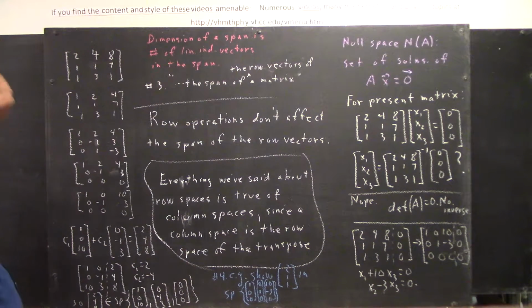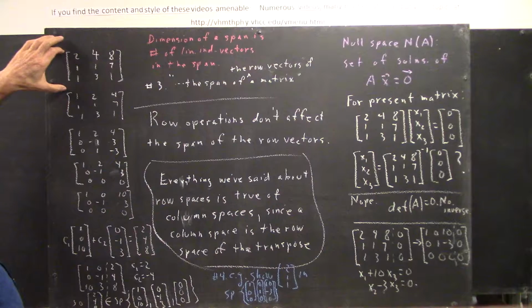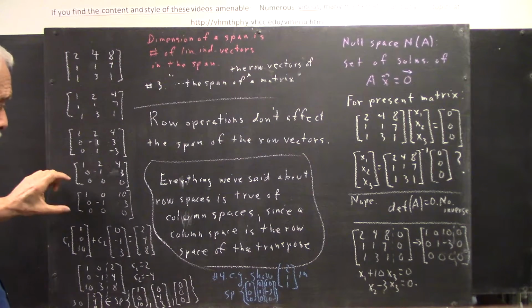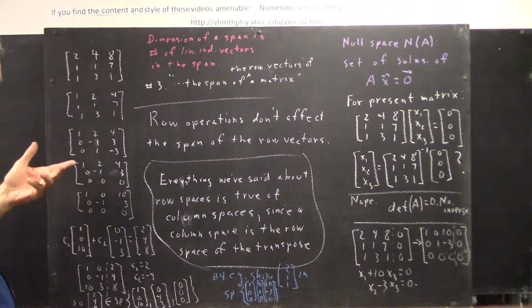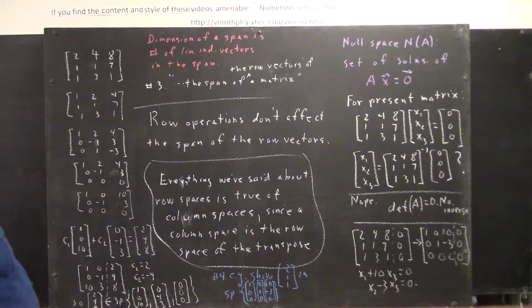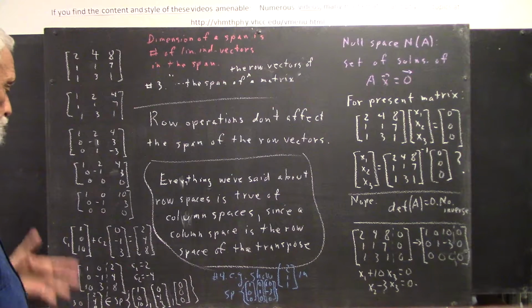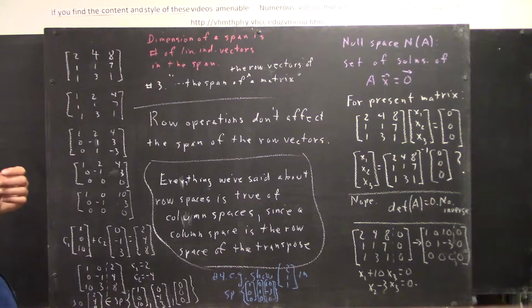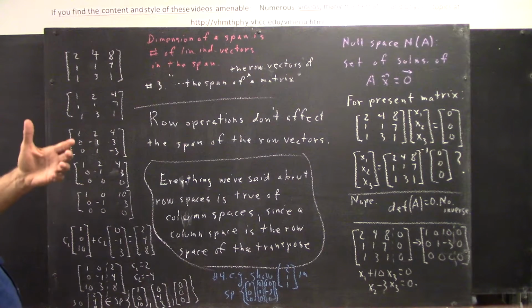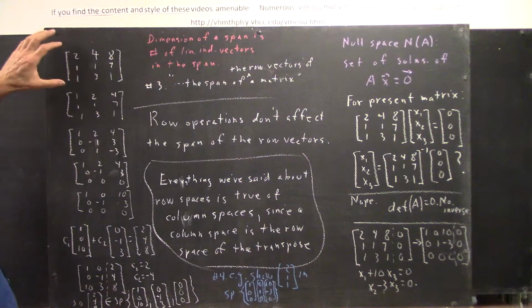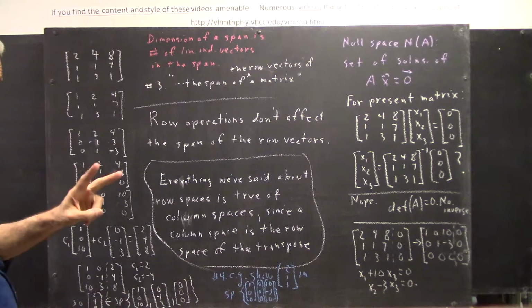That means that the space spanned by the three rows of this matrix is two-dimensional, just as the space spanned by just these two vectors is obviously two-dimensional. So the dimension of what we call the row space, the span of these three vectors, is 2.